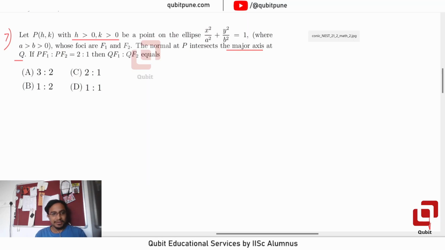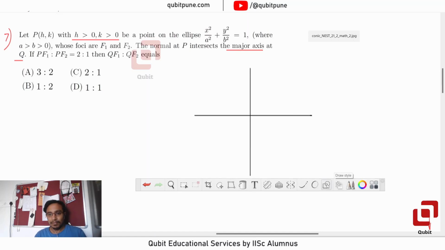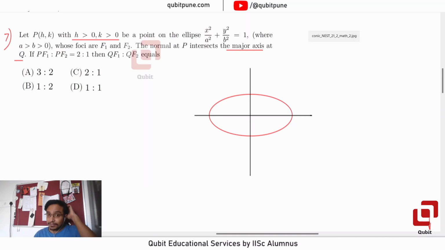Let's draw the figure first. It is going to be a horizontal ellipse because a is greater than b. Now let us first draw the normal. Let's first show the point P somewhere here, (h, k).